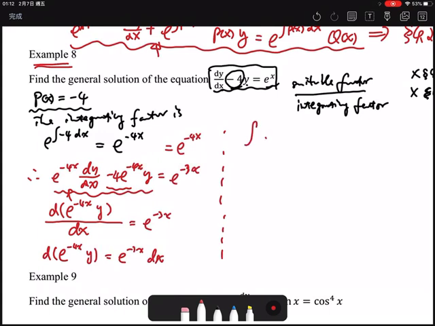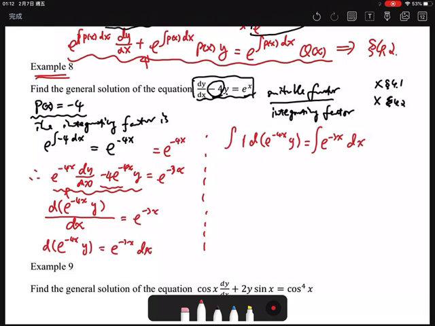So we will get the integral of d of e to the power of negative 4x y equals the indefinite integral of e to the power of negative 3x dx. Okay, so now it will be very easy to find the answer.